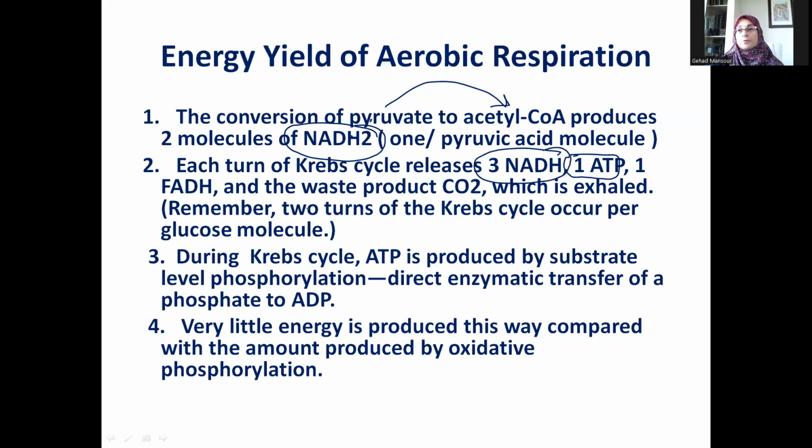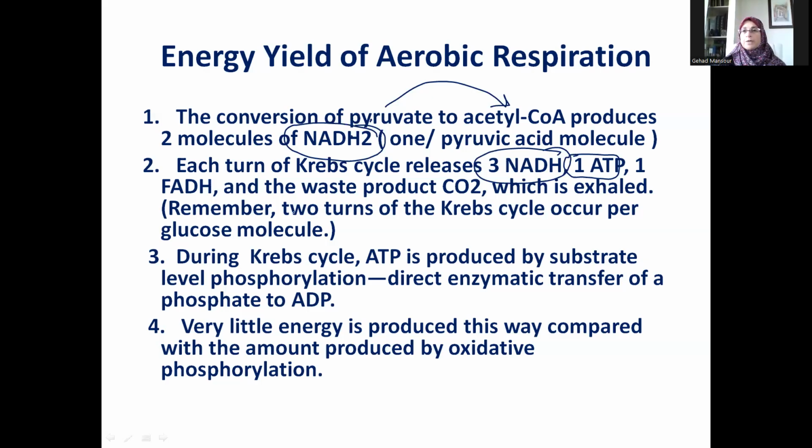Of course, this carbon dioxide will be later on exhaled, okay? This is the yield of 1 turn of Krebs cycle: 3 molecules of reduced NAD, 1 molecule of reduced FAD, and 1 molecule of ATP.